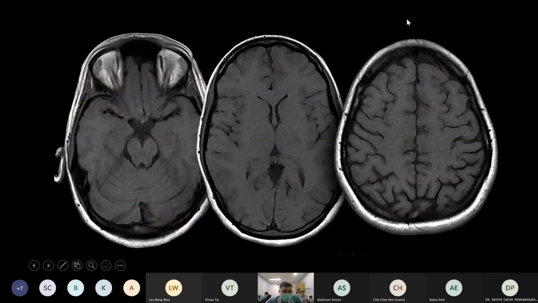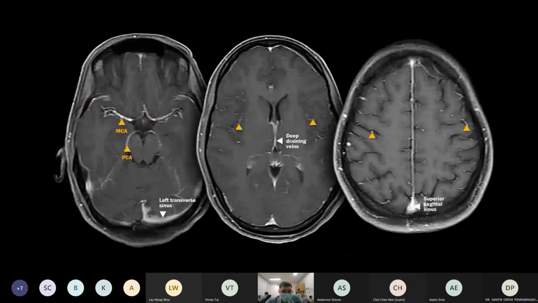As you can see, the orbit here is going to be dark because you already suppressed the fat. Okay, fat cannot be seen here. And after you give the contrast, you can see that all the vascular territory lights up, be it a vein or an artery. You can see a normal contour of the contrast post gadolinium, from the superior sagittal sinus to a deep draining vein, as well as the transverse sinus and also the MCA, PCA territory.